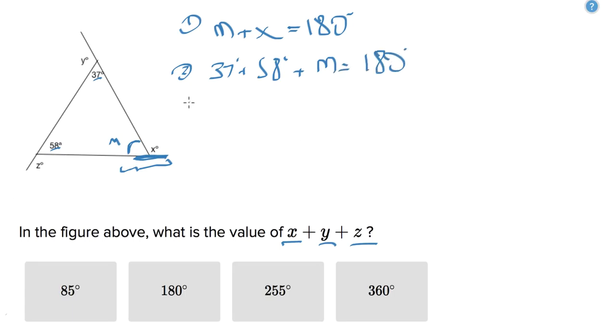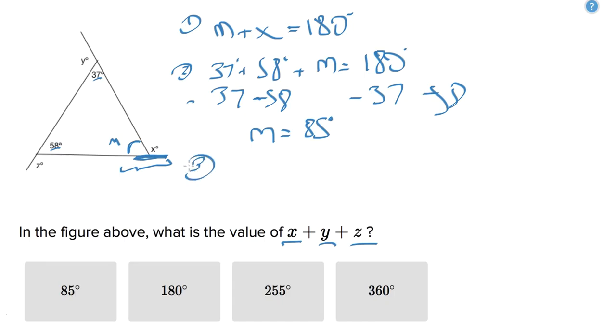So now we can just subtract 37 from both sides and 58 as well, and that's going to give you m equals 85. So then we have a value for m that we can use to solve for x.